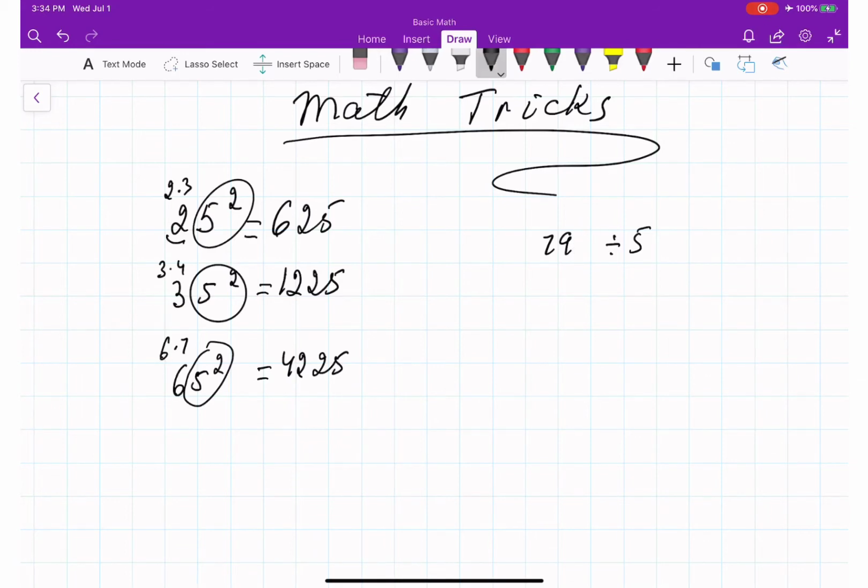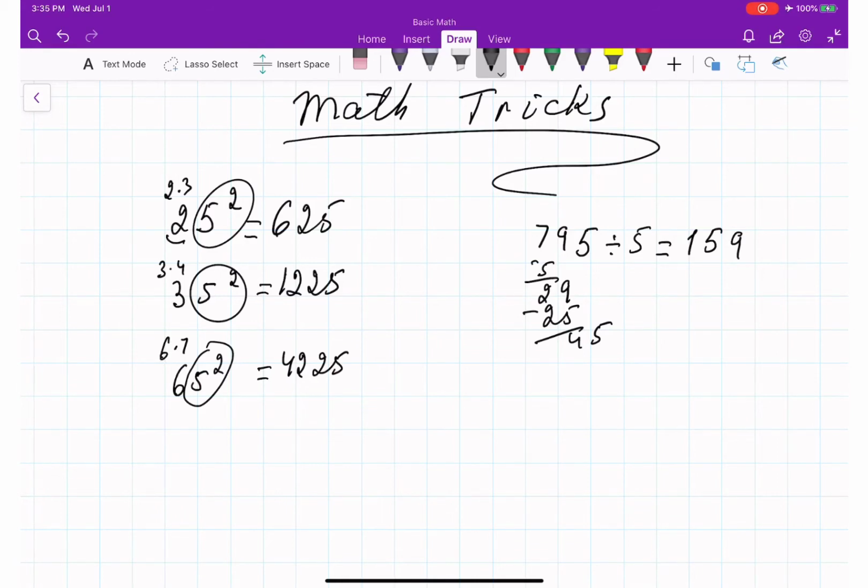So it's going to be how much? 1 time, so it's going to be 5. 2 remainder. Wait a minute, this 7 doesn't look good. So 29, it's going to be 5 times 5, and then 45 by 5 is 9.